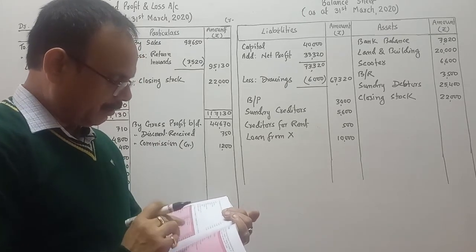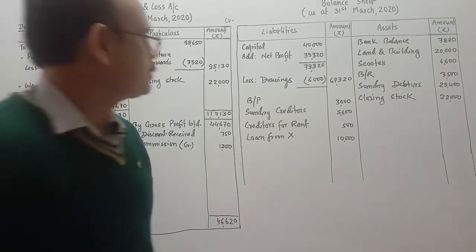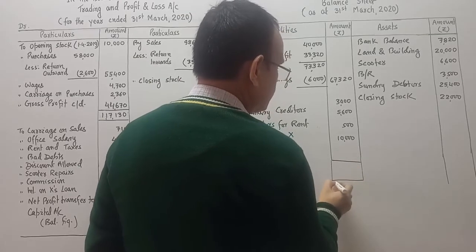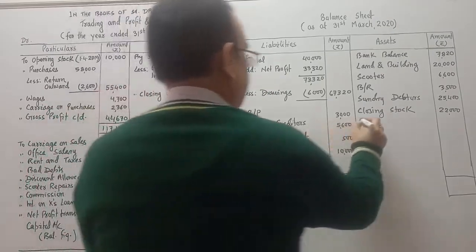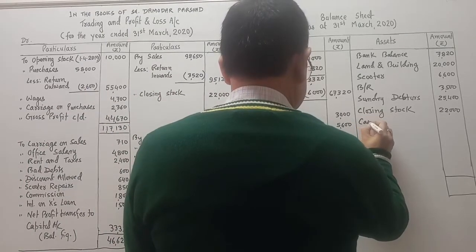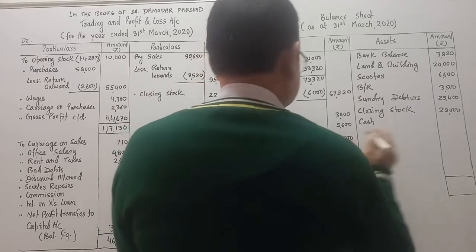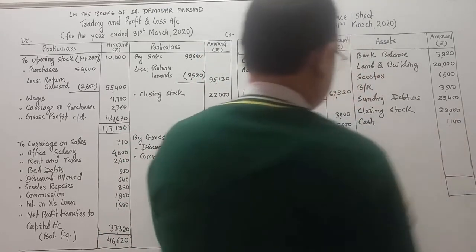We have written all these assets and liabilities. Now we will do the total. One more piece of information, that is cash in hand. Cash is 1,100.